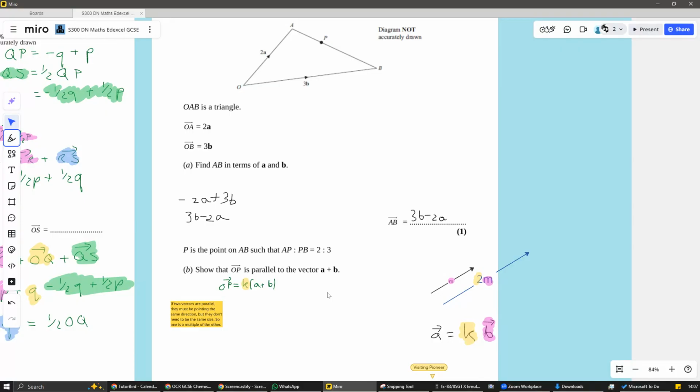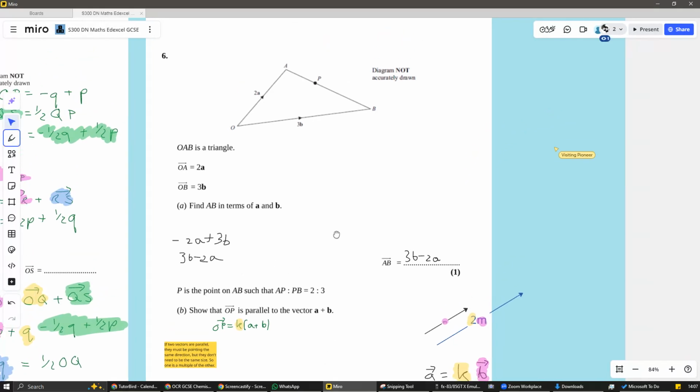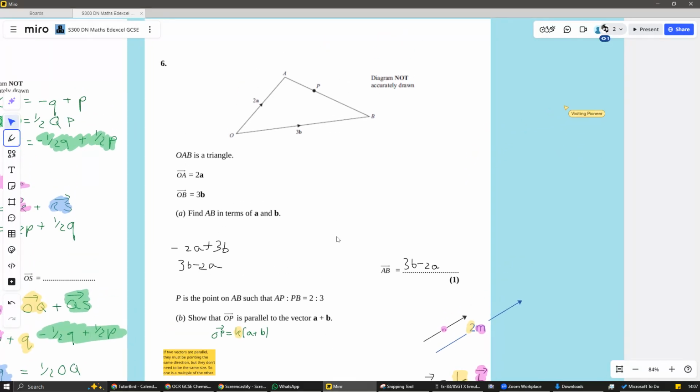So let's see where we got to with this. If we want to go from O to P, well, we know that O to P is the same thing as O to A plus A to P. Now, O to A, we can clearly see is just 2A.